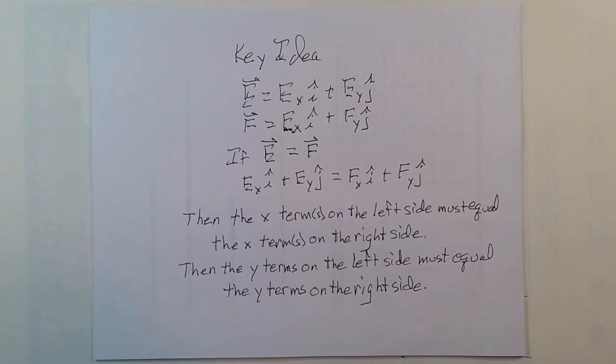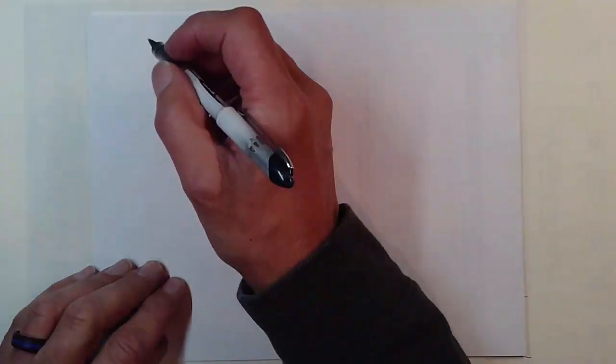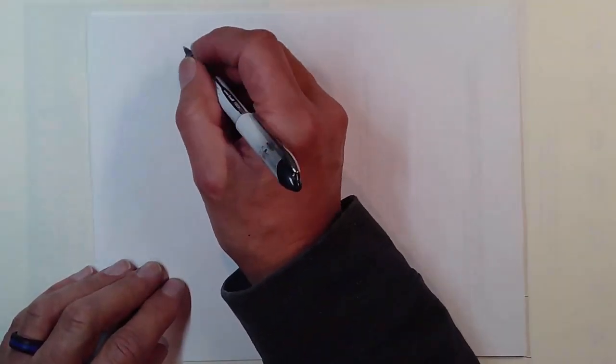Then the x terms on the left side must equal the x terms on the right side. Then the y terms on the left side must equal the y terms on the right side. This seems like a pretty simple idea, but it's going to let us do some fairly powerful things when we're working with 2-dimensional motion. We can extend this to more complicated equations.